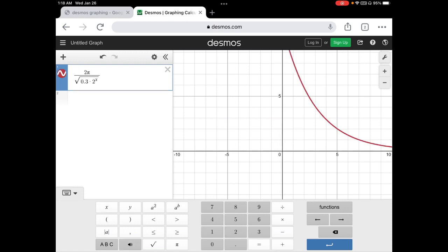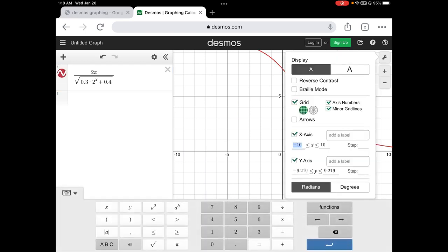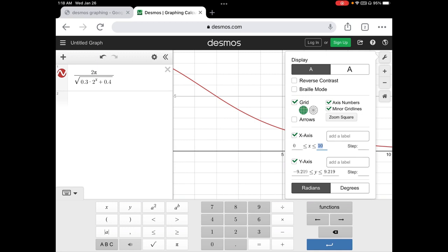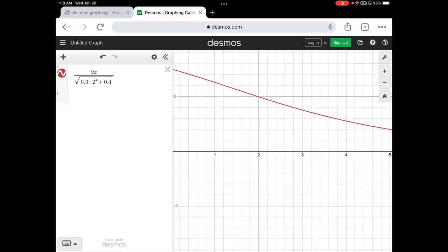N is not there, I just take it as x, plus 0.4. The plus is also inside the square root, so that care has to be taken, and the limits are 0 to 5. So x values are from 0 to 5. That's the most important thing.